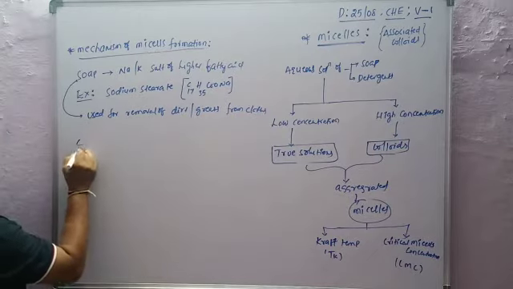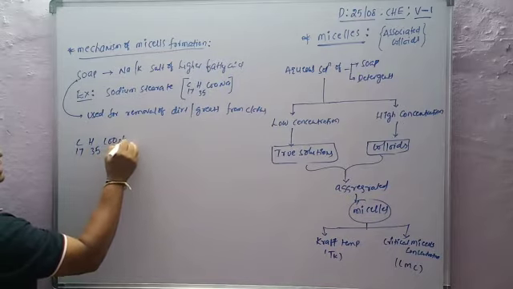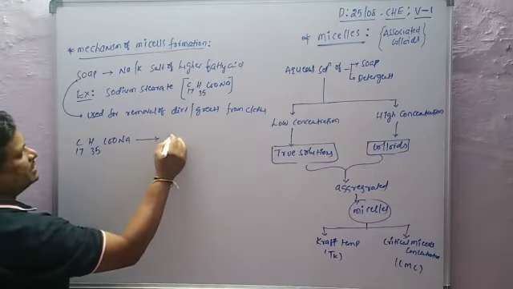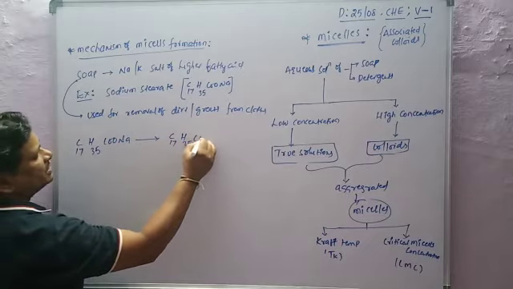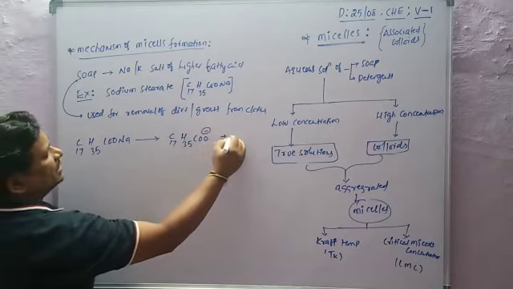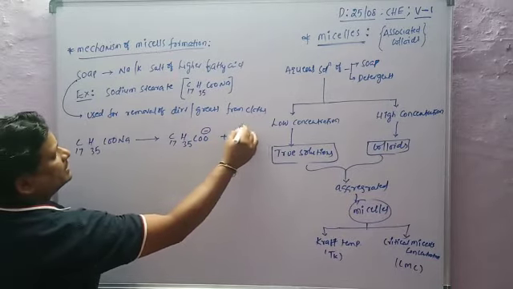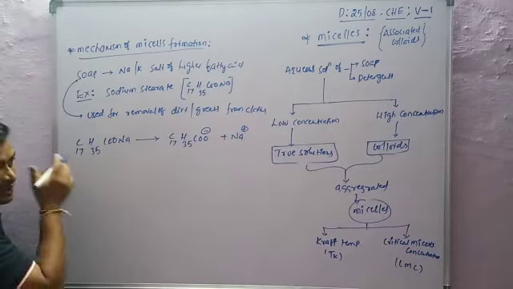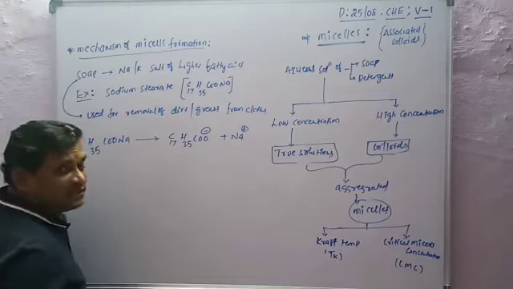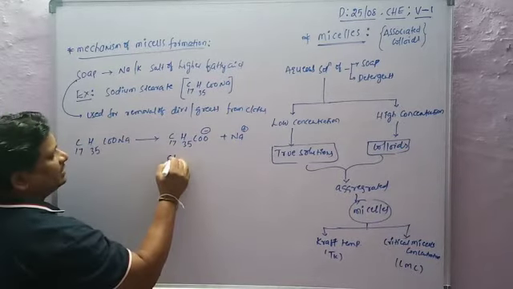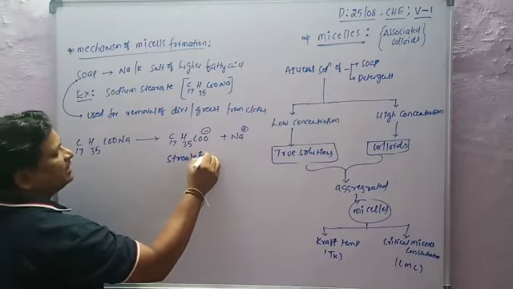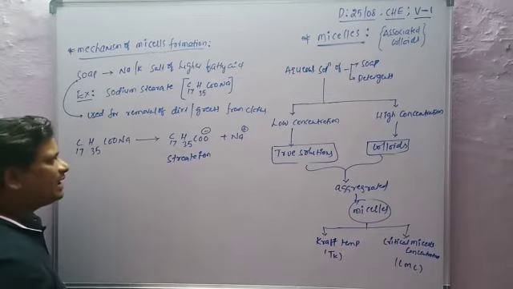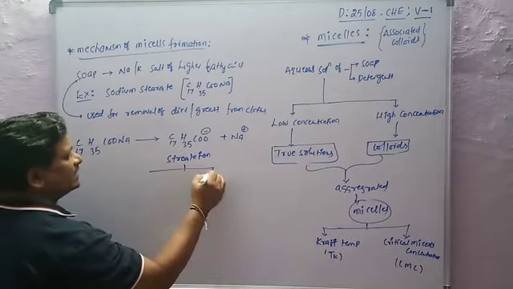So C17H35COONa is ionized into C17H35COO minus and Na plus. Na plus is the sodium cation, and this is the stearate ion. The stearate ion consists of two ends.